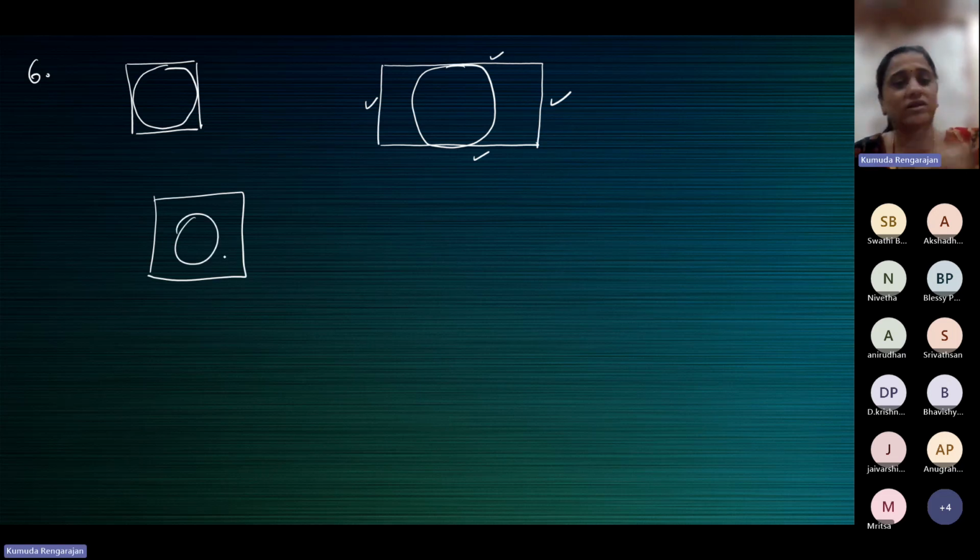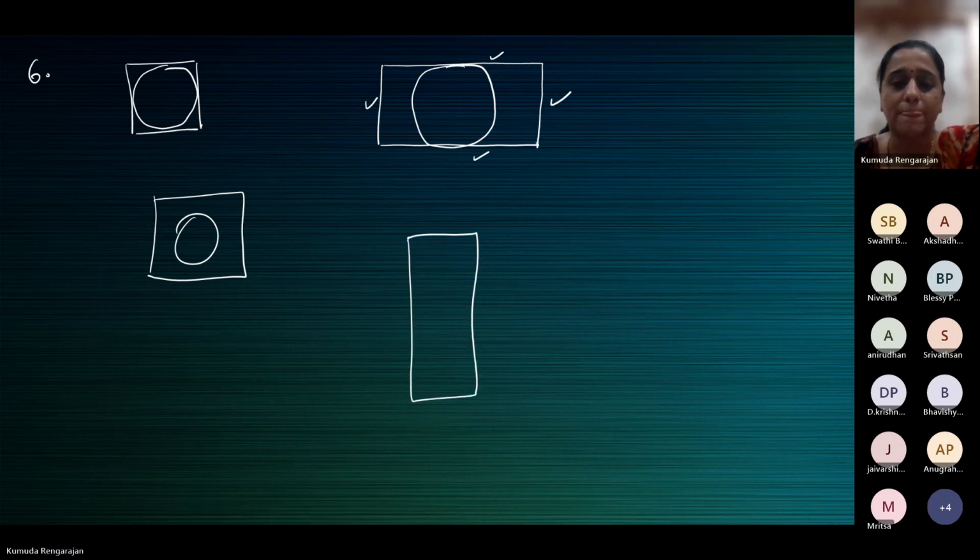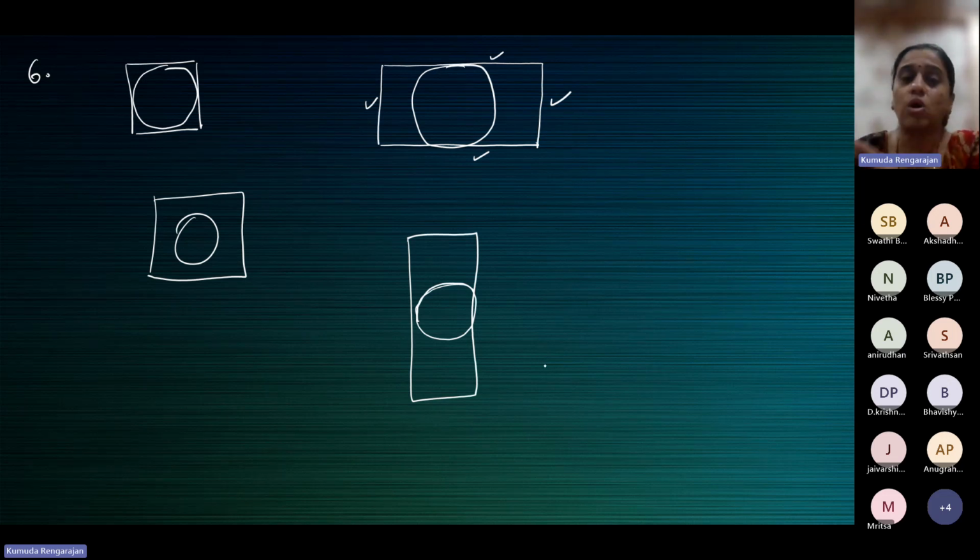You can also draw a circle not touching all the four sides, but the biggest circle that can be drawn is the one touching all the four sides. In a rectangle, you cannot draw a circle touching all four sides. The circle will touch only a pair of opposite sides.